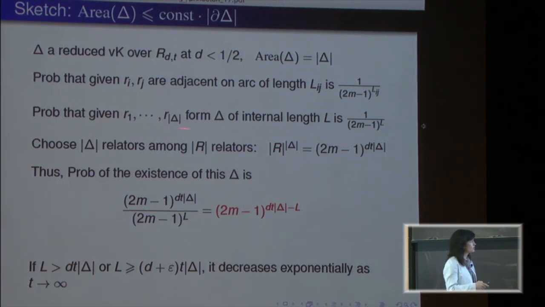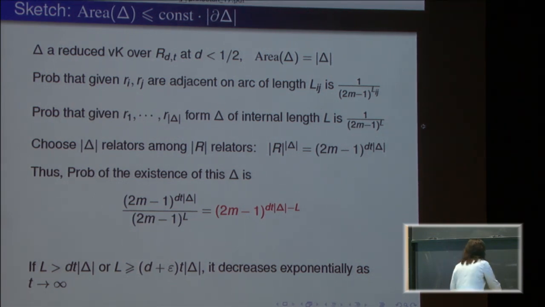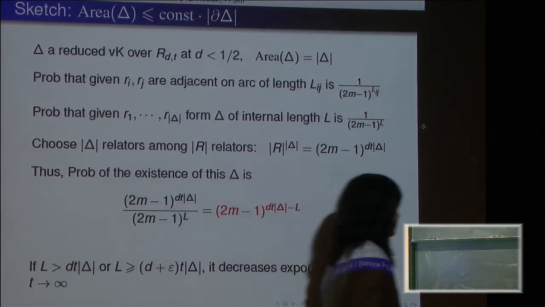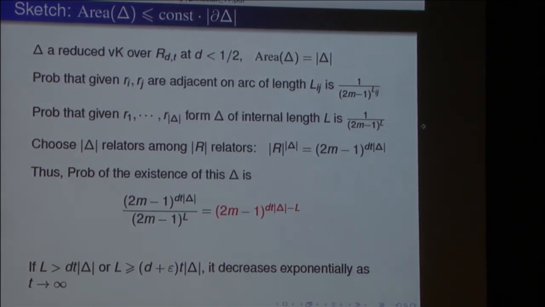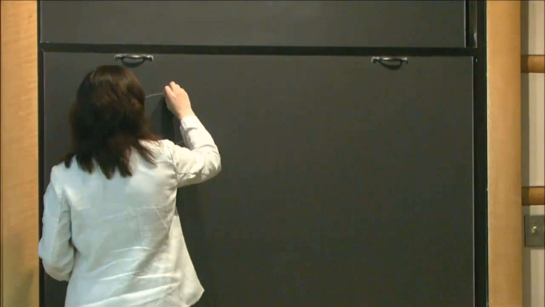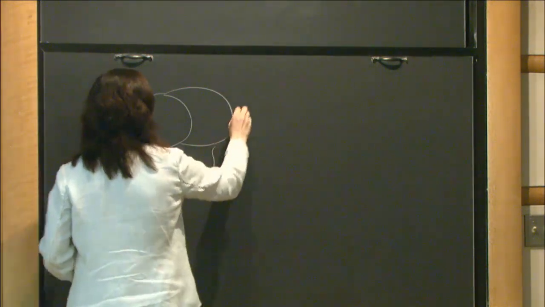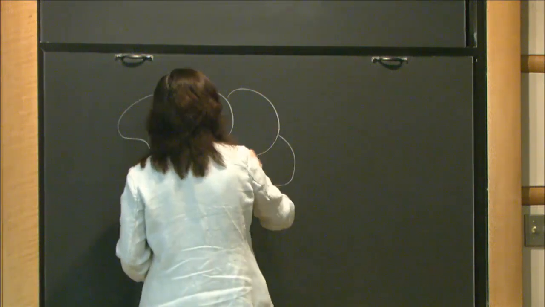So this is what we did last time. We analyzed the situation where we have some one-component diagram.